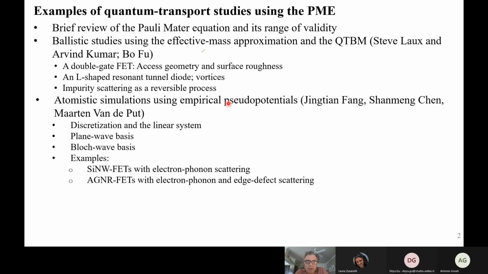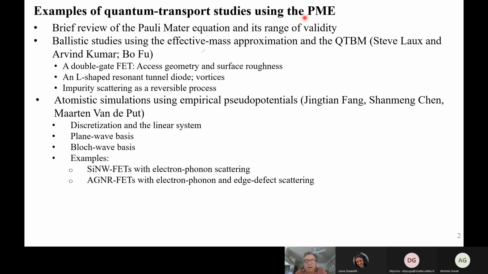And so that's why the use of density functional theory to get this information, and the band structure, is quite crucial. And empirical pseudopotential is used mainly to render the treatment a little more tractable from a numerical point of view. And I'll show some examples of some devices.